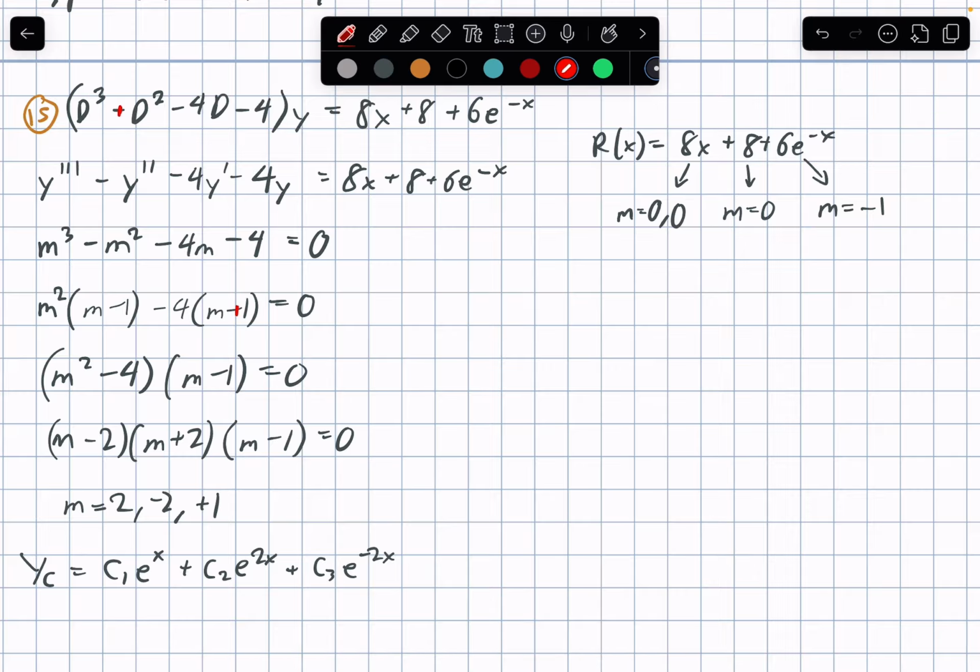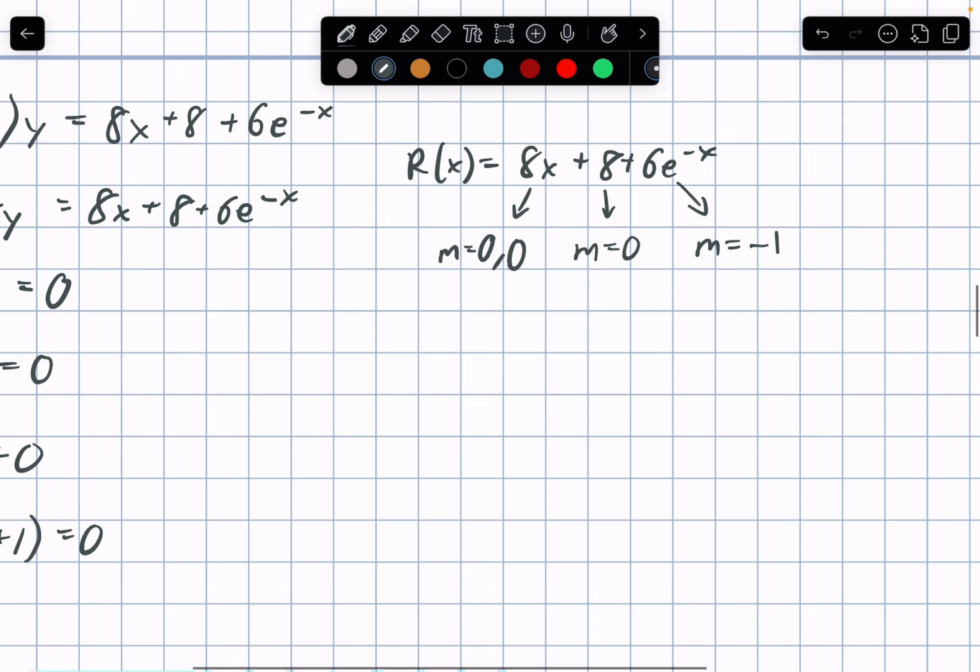That's supposed to be positive. Minor mistake, although it can be catastrophic. So this is positive, this is supposed to be negative. So negative x. Okay, so the roots that we identified here are correct.